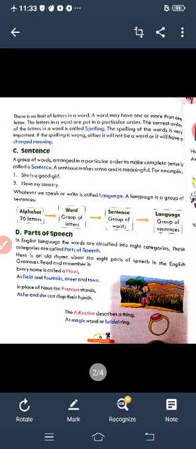Every name is called a noun. This is the poem. Every name is called a noun, as field and fountain, street and town. If you see this poem very carefully, dear students, in the first line, the part of speech is mentioned, and in the second line, examples are given.